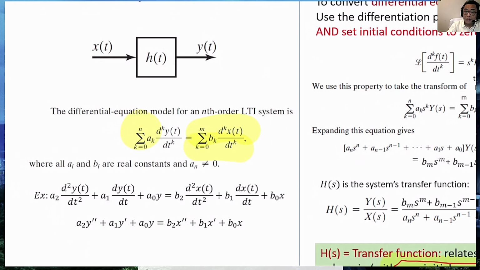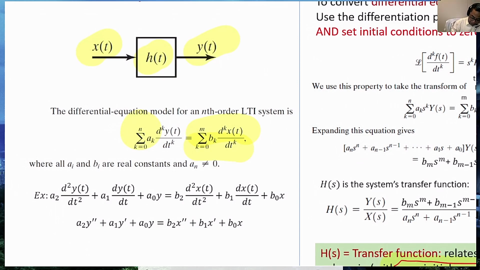We also have it with respect to its derivative up to m order, and in most of our cases m is equal to n or less than n. Alright, x is the input, y is the output, and h of t is the impulse response of the system.